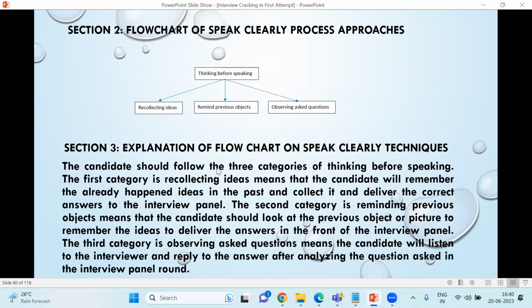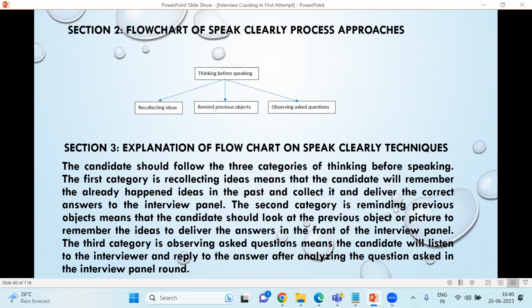The candidate should follow the three categories of thinking before speaking. The first category is recollecting ideas, which means the candidate will remember ideas that already happened in the past, collect them and deliver the correct answers to the interview panel.